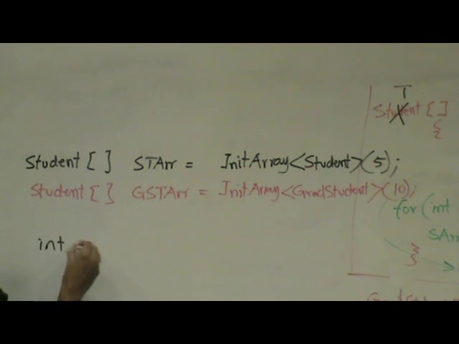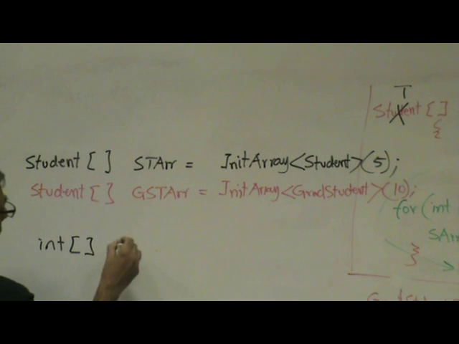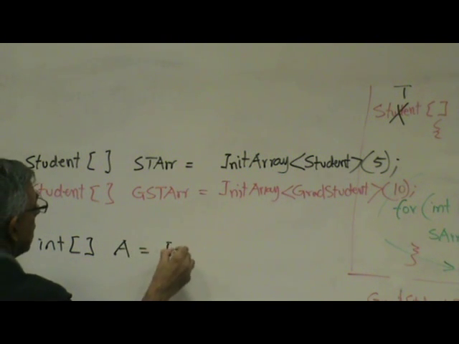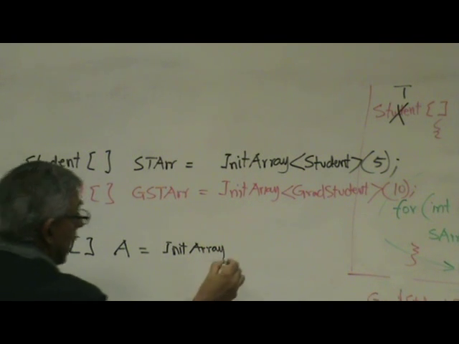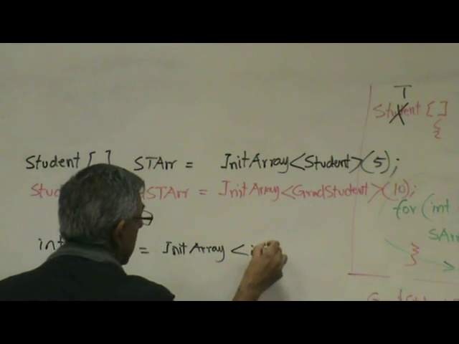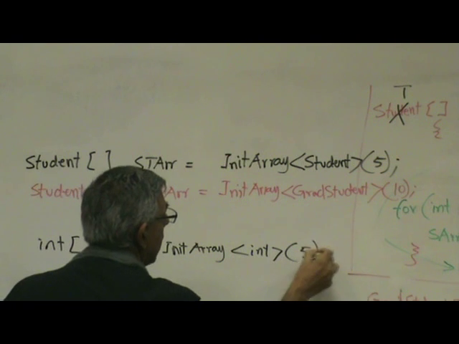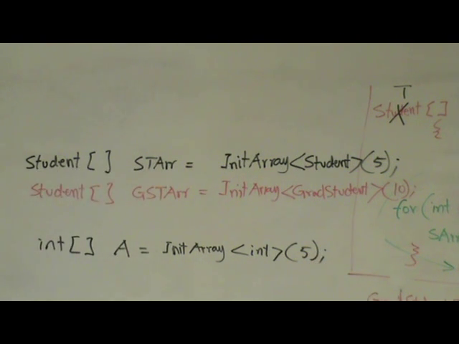They try to call it like this, int, let's say A equal to init array of int 5. What will happen? If somebody triggered this generic method that we wrote like this, okay, take a look over here.